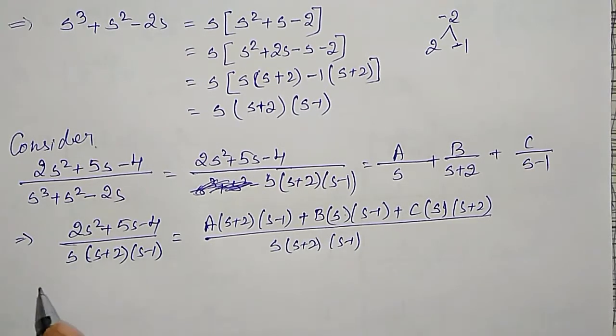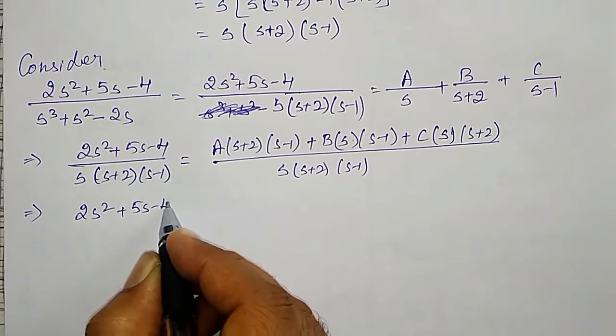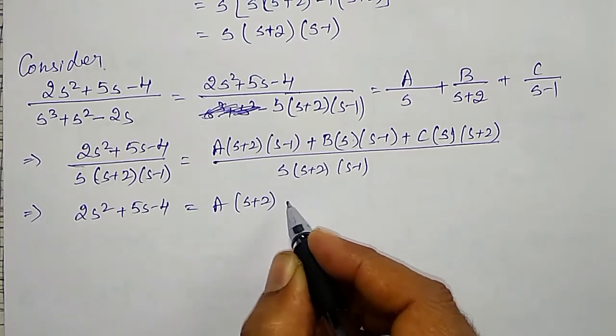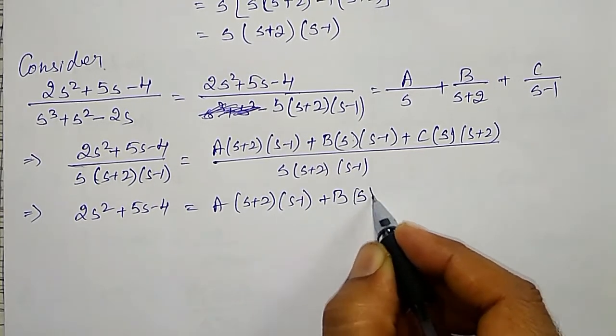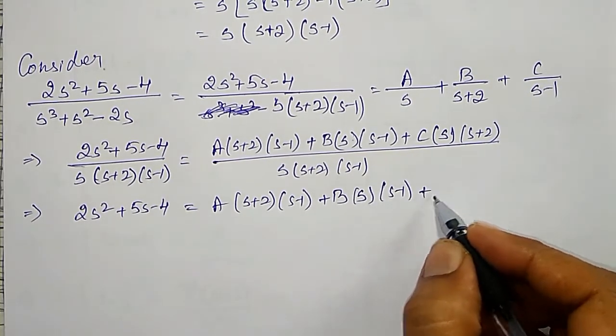Therefore numerator must be equal to numerator, which implies 2s square plus 5s minus 4 is equal to A into s plus 2 into s minus 1 plus B into s into s minus 1 plus C into s into s plus 2.